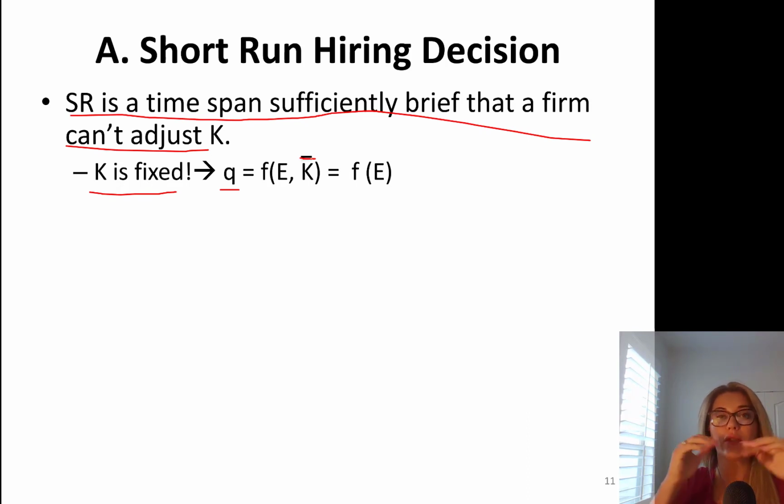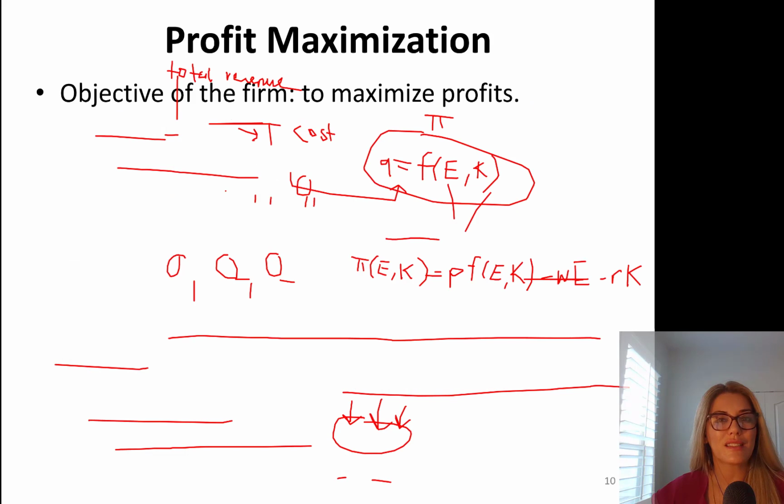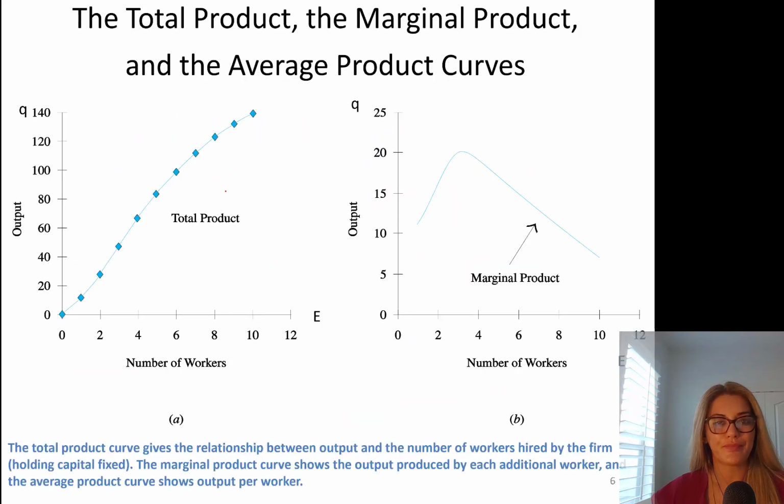That means I have one oven to cook my cookies, or I have a 100,000 square foot factory space to produce cars. Okay, so you can write down your production function as f of E, your output only depending on employment. Just like this cookies example. Remember the bakery?